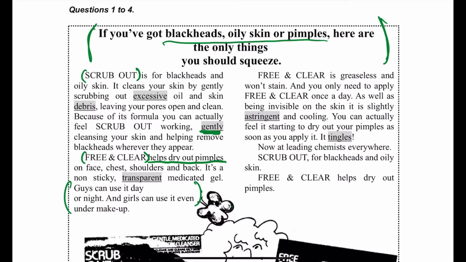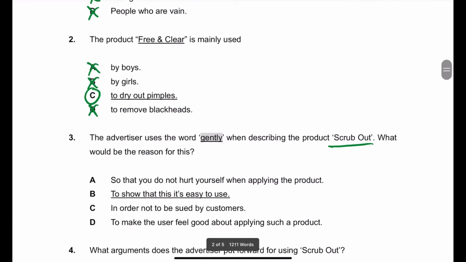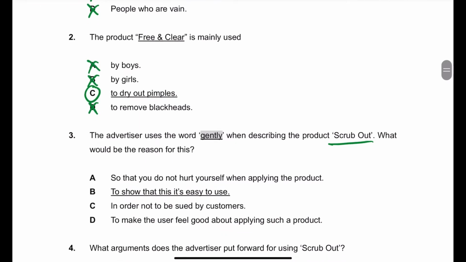It also makes the product sound convenient and easy to use, right? Compared to perhaps something that's very harsh or something that requires a lot of steps and processes. So by using gently, the advertiser actually convinces us that it's very convenient. You can probably like it won't hurt you. So the answer should actually be B.